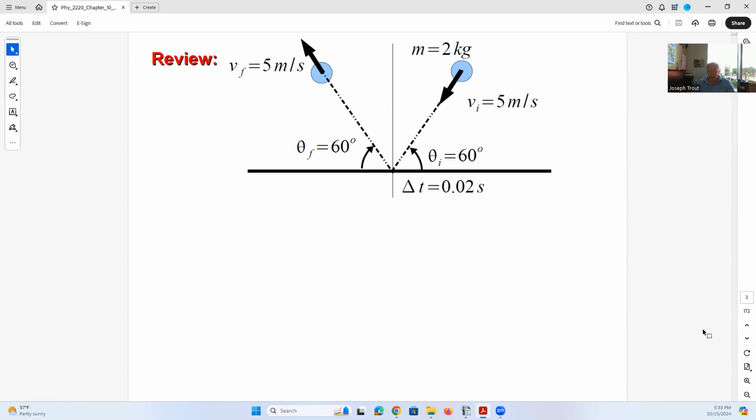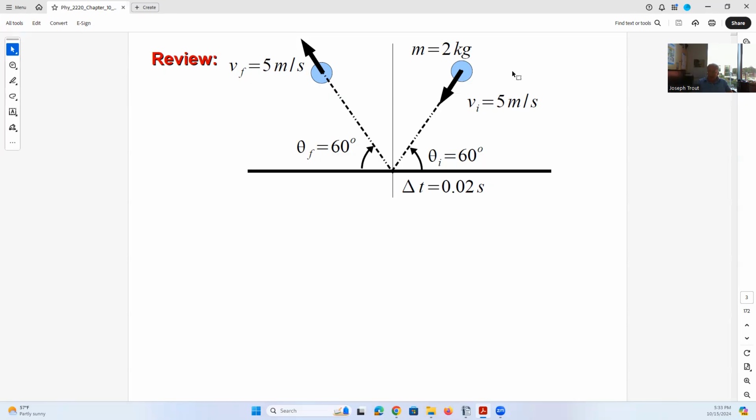So let's consider a hard object bouncing against a hard surface. In this case, it could be a gas molecule hitting the wall of a container or a cylinder, only it's a really large gas molecule. We have a 2-kilogram mass moving at 5 meters per second, making an angle of 60 degrees with respect to the horizontal.